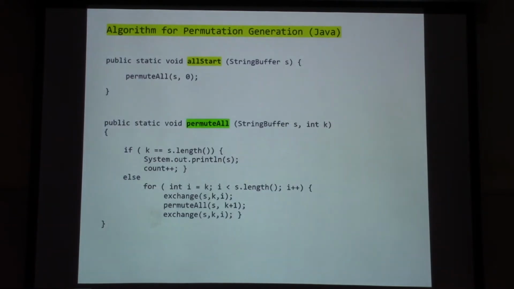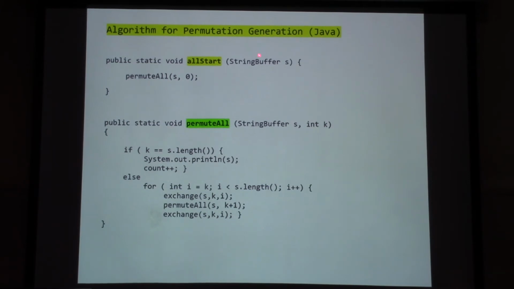Correct. So now let's look at the algorithm that can give us permutation generation. This is a little Java program, and it is a recursive idea. Somebody sends me a string. In this case, I'm using a string buffer. Really, I should have used a string and then passed a string buffer here, but that's okay, nobody's hurt by this omission.